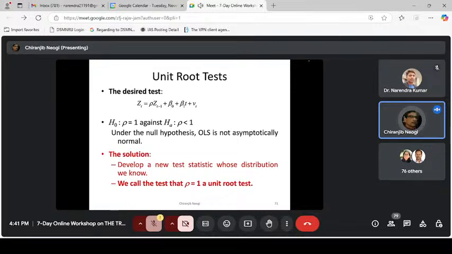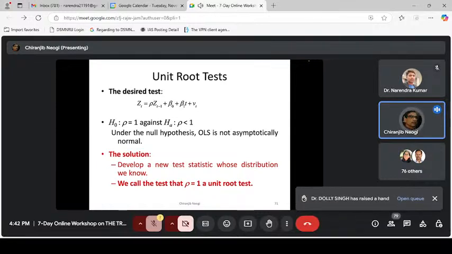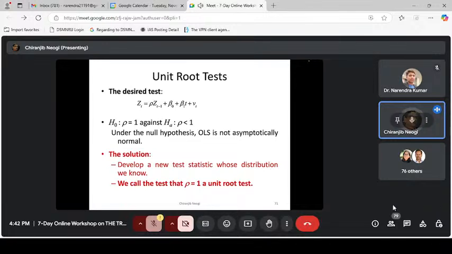The first is some informal way of checking the stationarity, like taking the graph of the series, or the autocovariance values, autocorrelation values, or the autocorrelation function or the correlogram diagram.